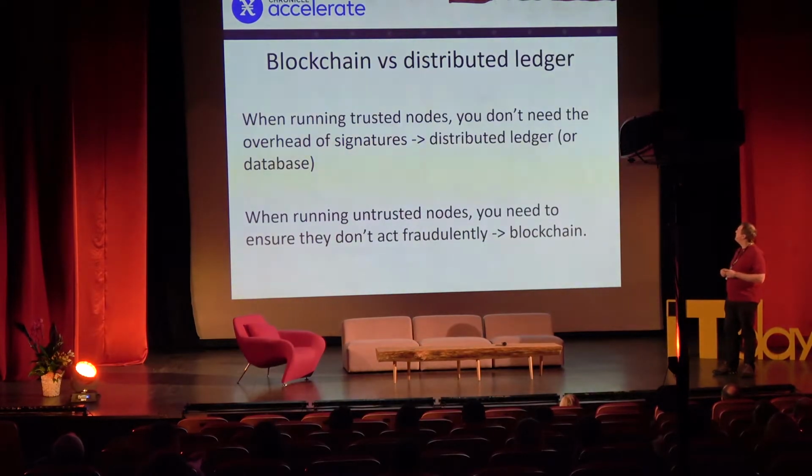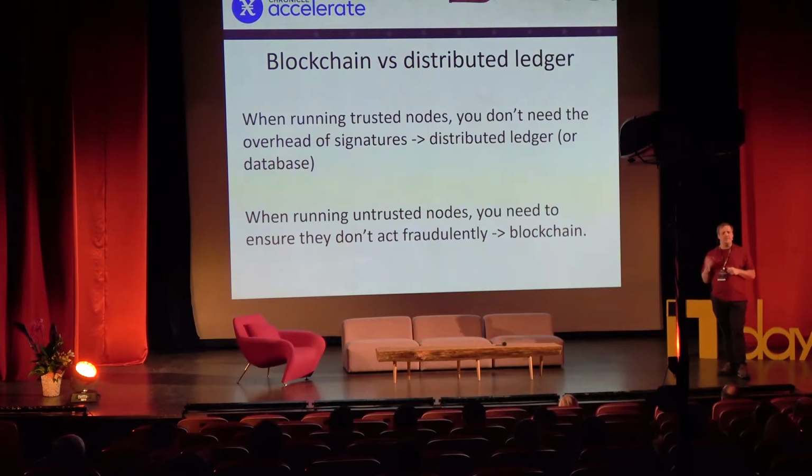So again, the key point of blockchain versus a distributed ledger is, do you have to trust all the nodes in the environment? Do they need to be run by one organization? Are they all necessarily run behind a firewall? That doesn't mean you can't take what could be a public blockchain and run it behind a firewall. You might have a consortium of companies that want to work together without having to trust each other. Those nodes share data as if it was a public blockchain, but you don't give access to the outside world.